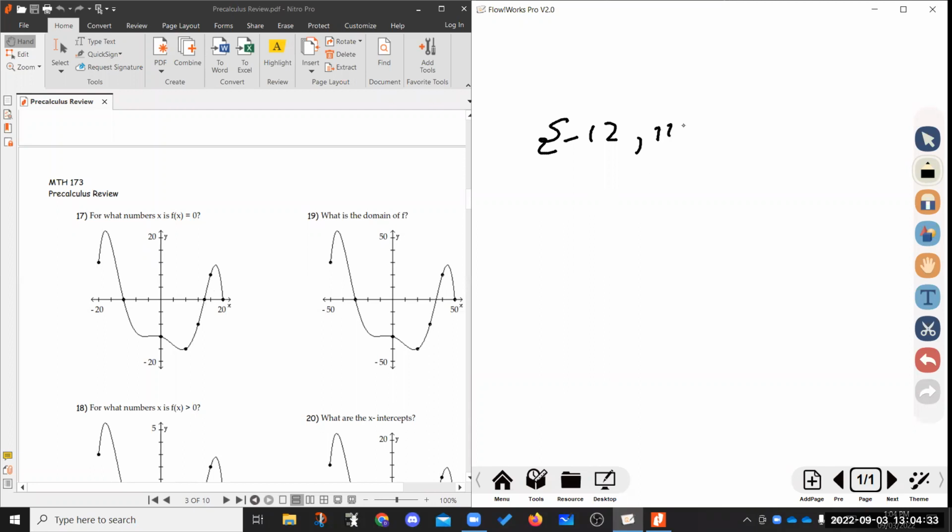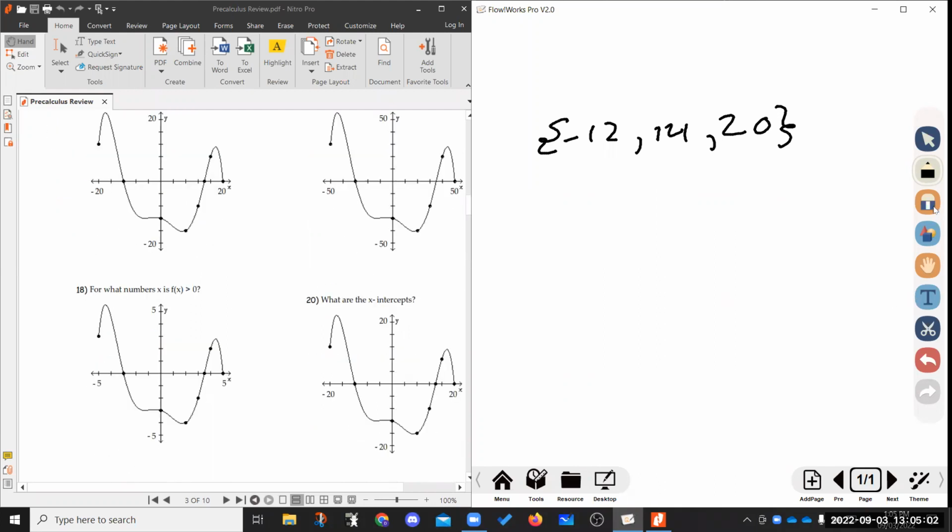So that looks like 14. And then that looks like 20. Okay. So that looks like my zeros of my function, all my x values for which f of x is equal to 0.